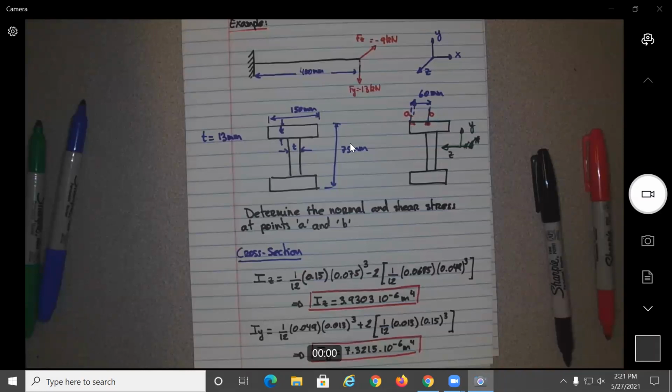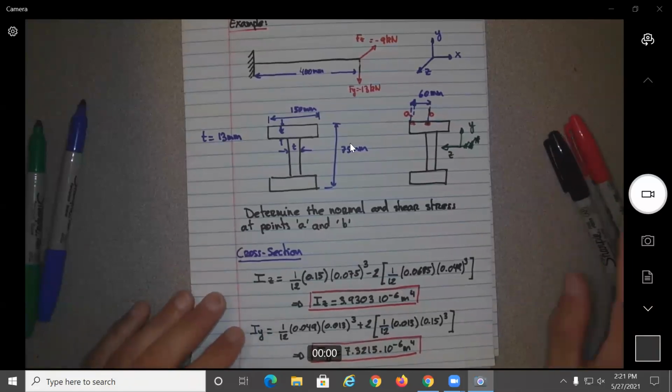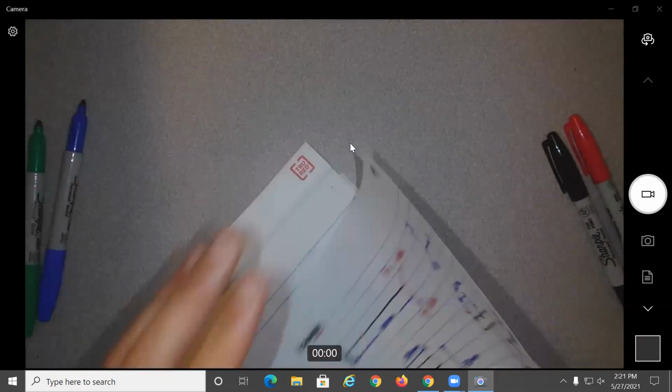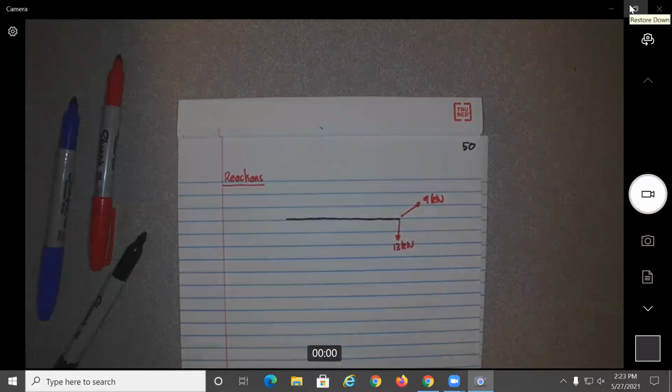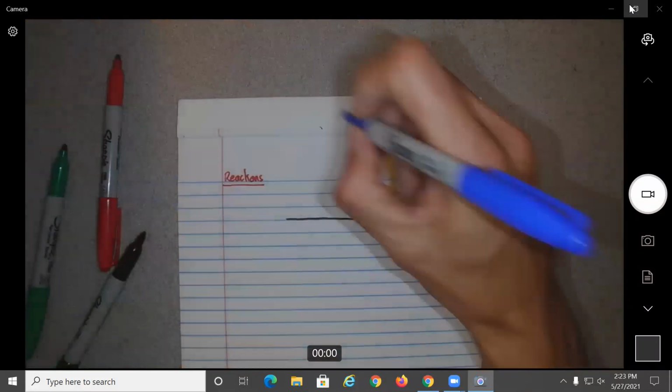All right, so okay, and then we're gonna have a bunch of reactions. Let's be careful here, because let's remember the coordinate system.